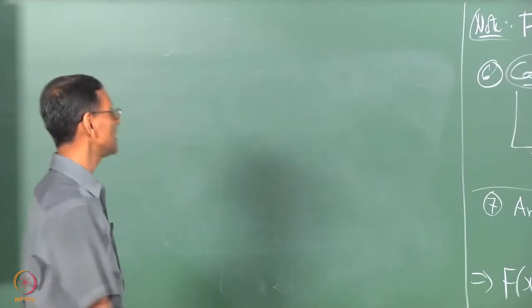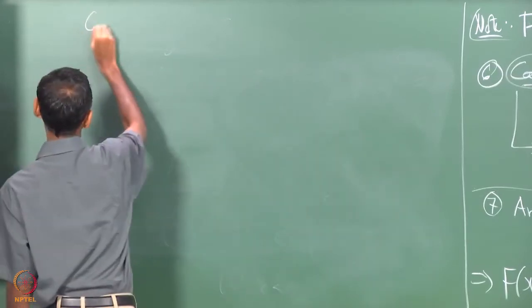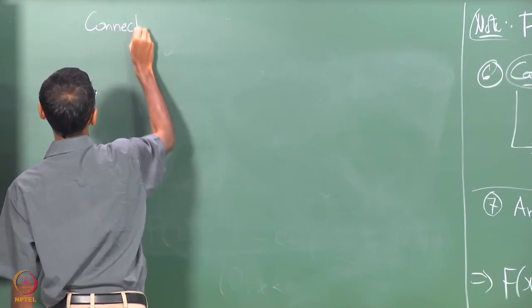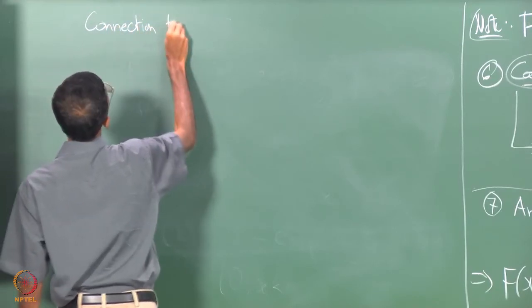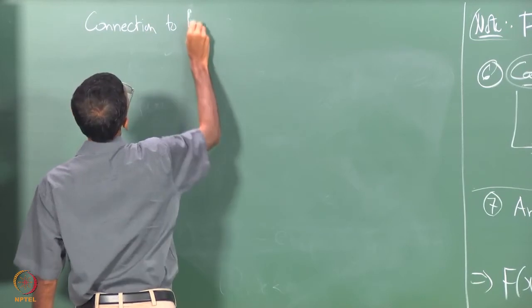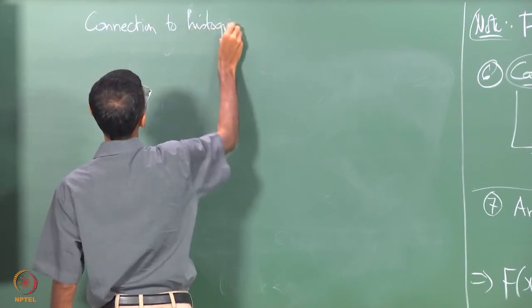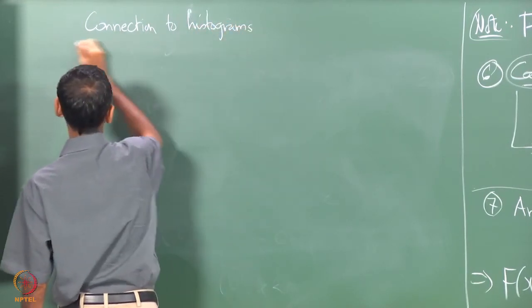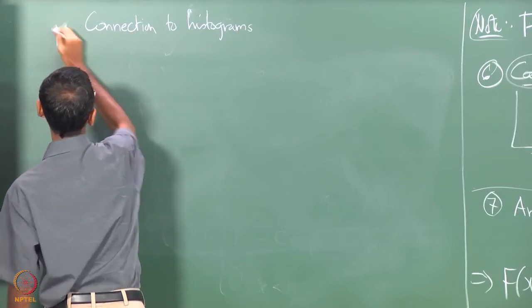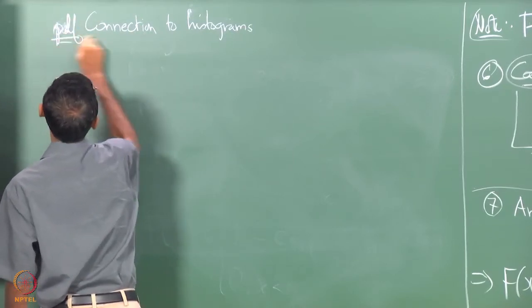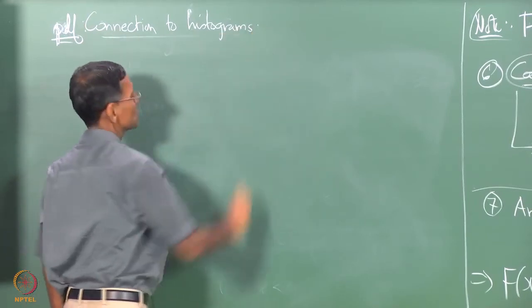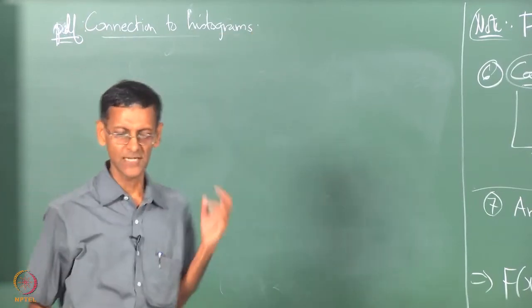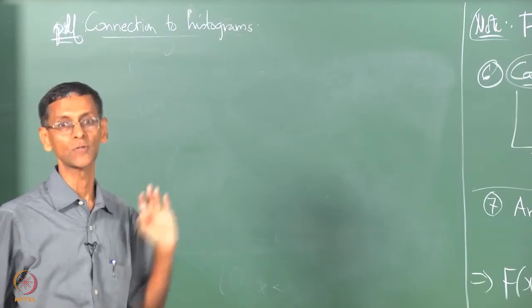So what is the connection? Let me say one small thing before going ahead: the connection to histograms or probabilities. The density function is connected to histograms in the sense that there is a relation between a PDF value and a histogram.